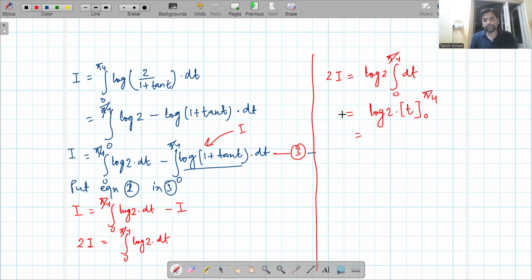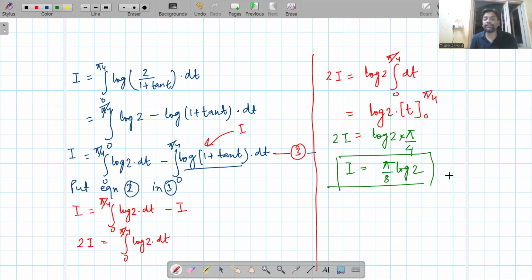So it will become log 2 times t, which is pi by 4. So this is log 2 multiplied by pi by 4. Simple. That is equal to 2I. Or you can do it like this, I is equal to pi by 8 log 2. And this is the integration of our question, the given integrand.